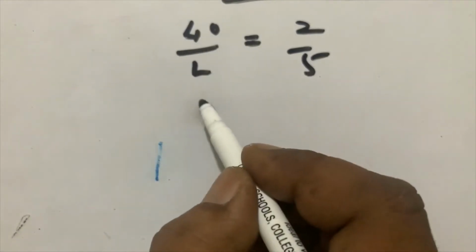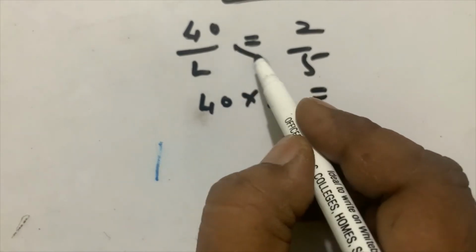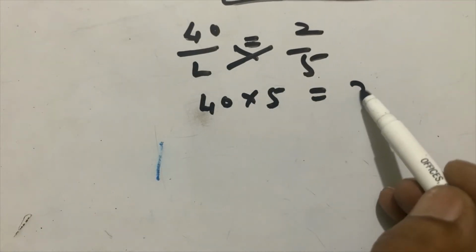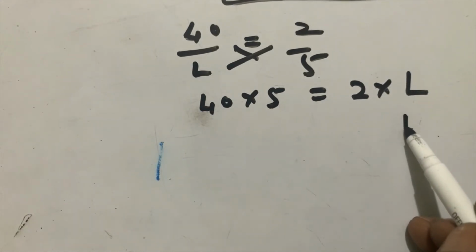Therefore 40 into 5 is equal to 2 into length. Now the length can be calculated.